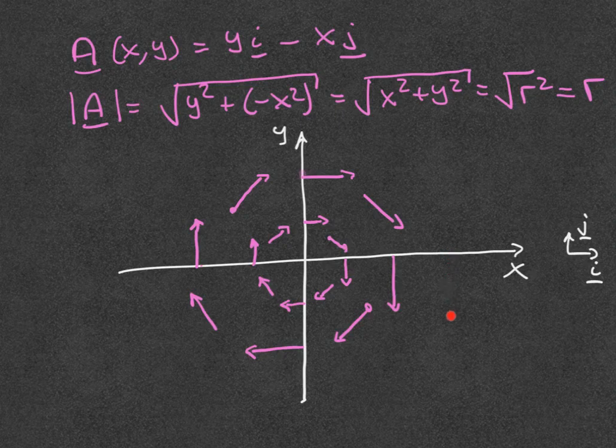You could draw a third circle should you wish, and computer algebra will draw these things for you with more arrows than you yourself are going to be comfortable drawing by hand. So here, labeling the figure is our vector field yi minus xj.